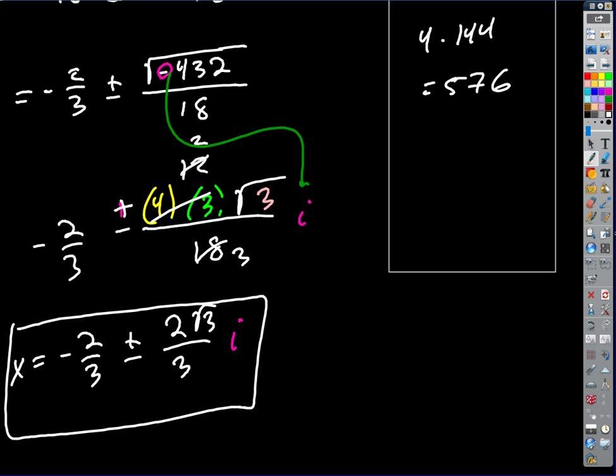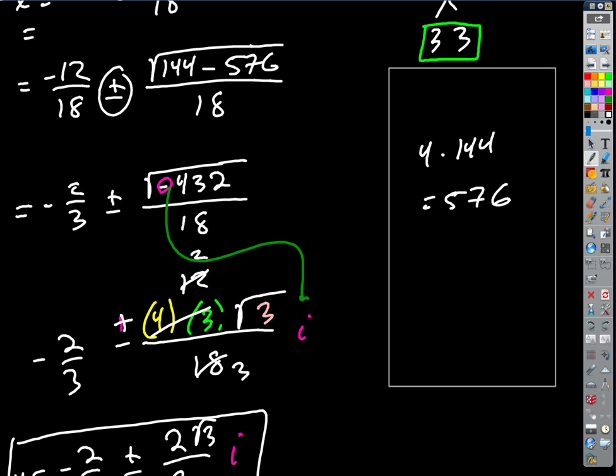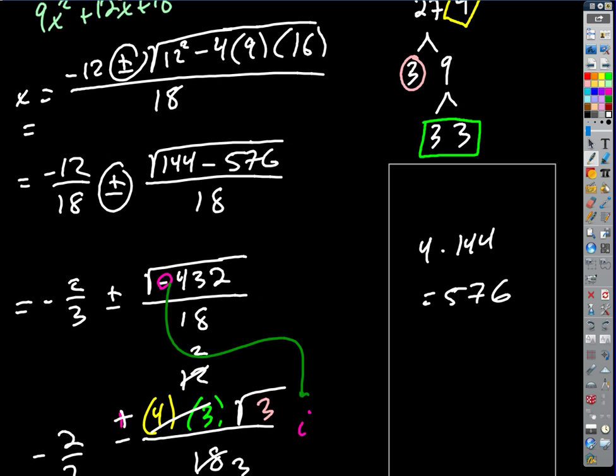Why is it 2 over 3 and then also the square root of 3?